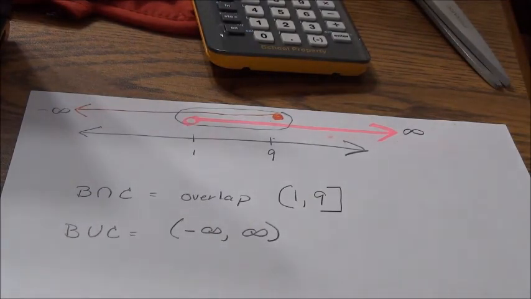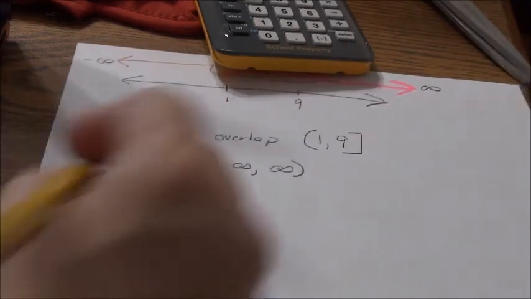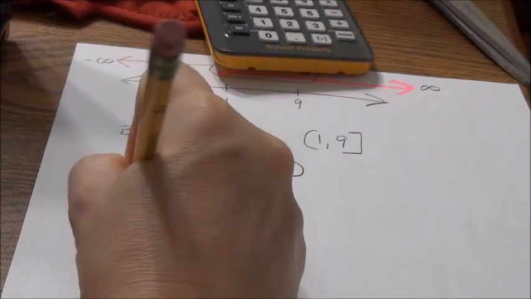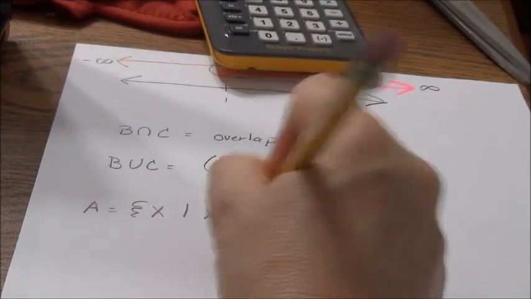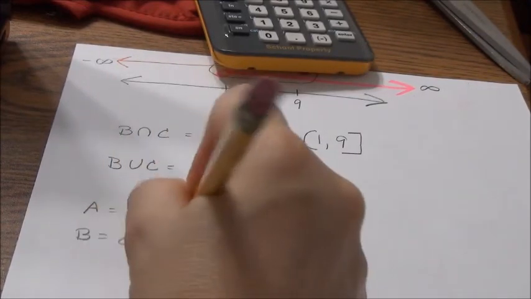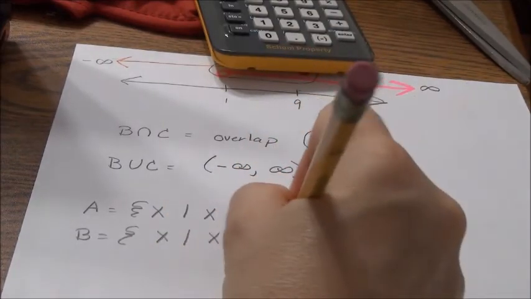Now you didn't have one that looked like this because you stopped working on those, so I'm just going to make up one where my arrows go in the same direction. If I said A was my set X such that X was greater than 3, and B was my set X such that X was greater than or equal to 5.